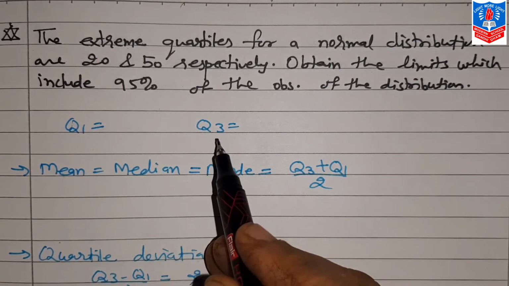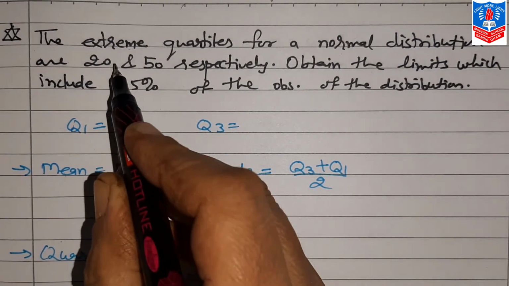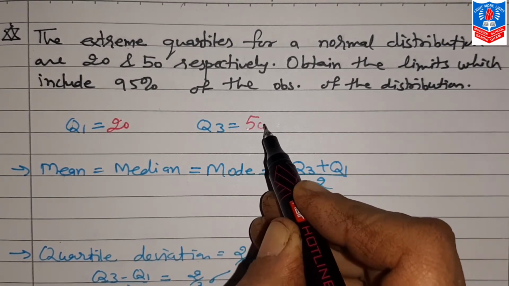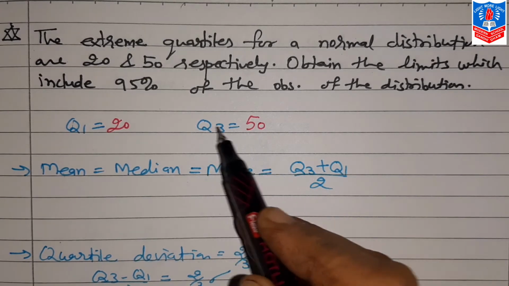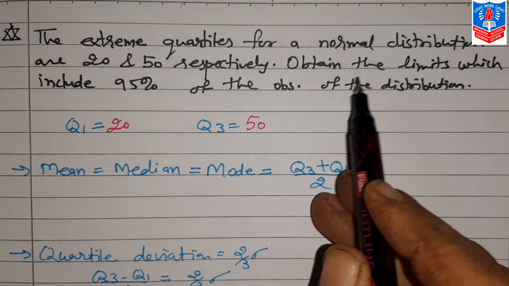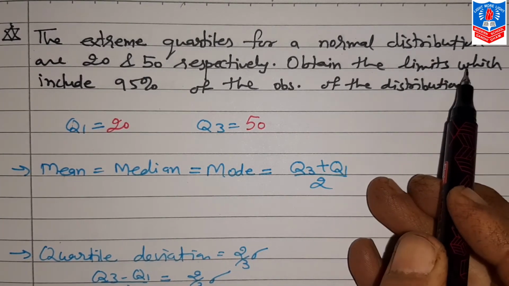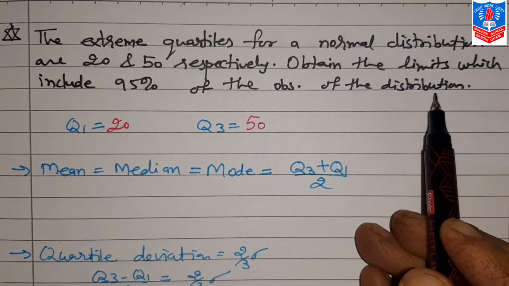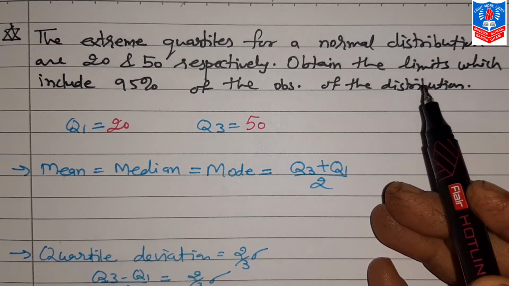Extreme means Q1 and Q3. So here Q1 is 20 and Q3 is 50. Based on this we are supposed to find the limits which include 95% of the observations of the distribution.